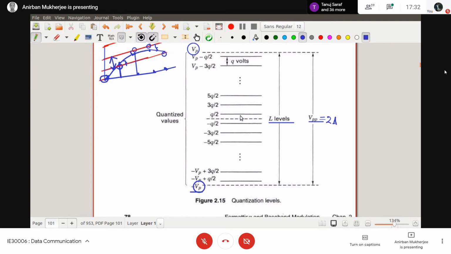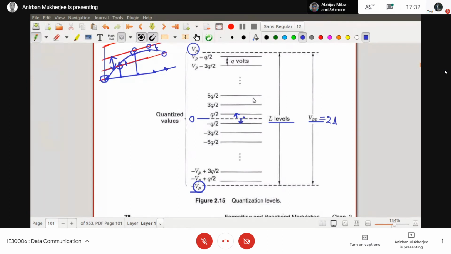These are my quantization values. I am taking the mid value as 0, this side q by 2 and this side minus q by 2. If at the sampling instant your signal value is between minus q by 2 and plus q by 2, then I will map it to this level.